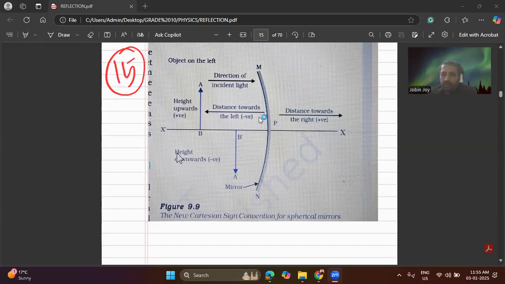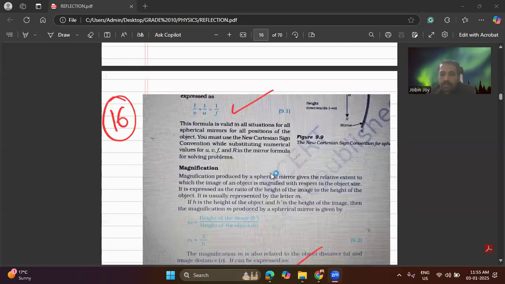Before using the mirror formula and magnification, you should apply the sign conventions properly. Sometimes it will be plus, sometimes it will be minus. If your sign convention is wrong, your final answer will be wrong. So this sign convention is very important. We will discuss the sign convention.